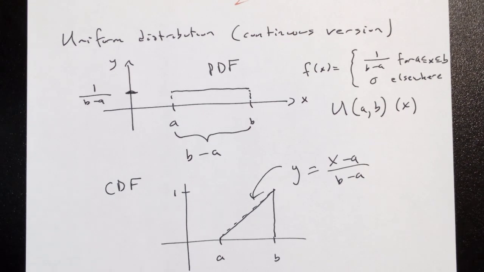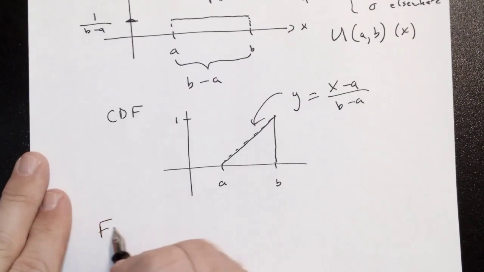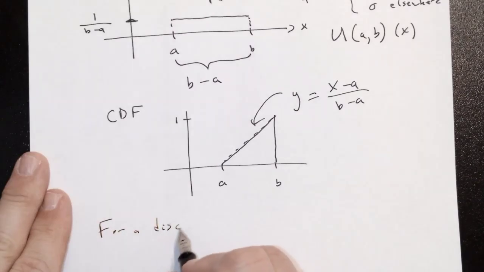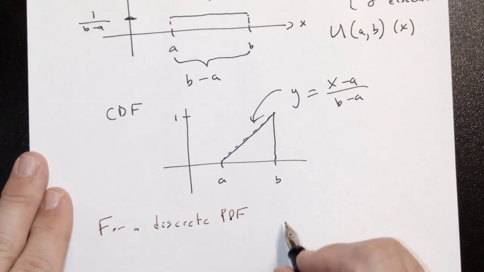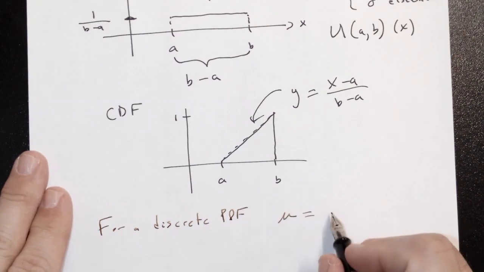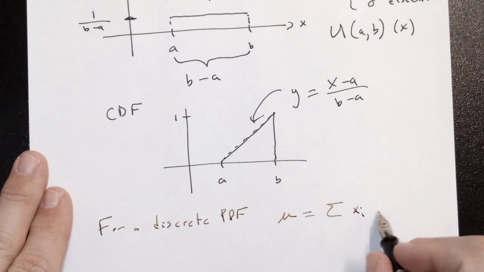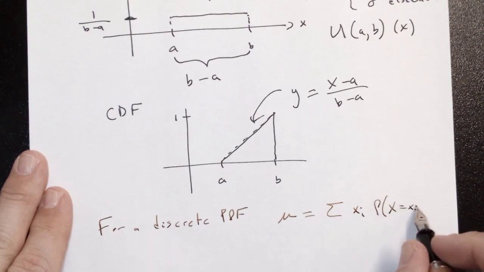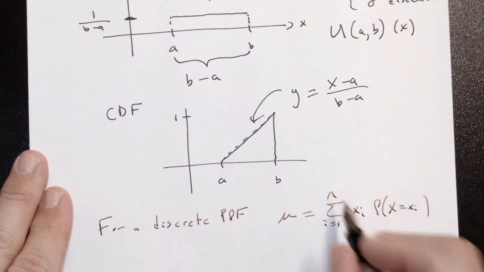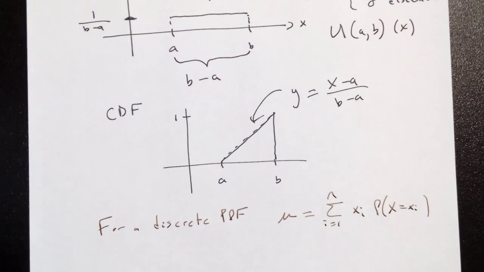I remember there was a formula for the mean. And there was a formula for the standard deviation as well, right?